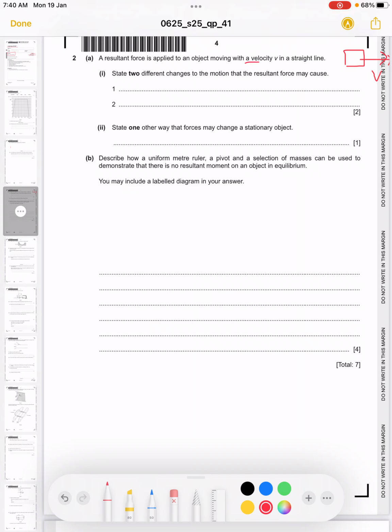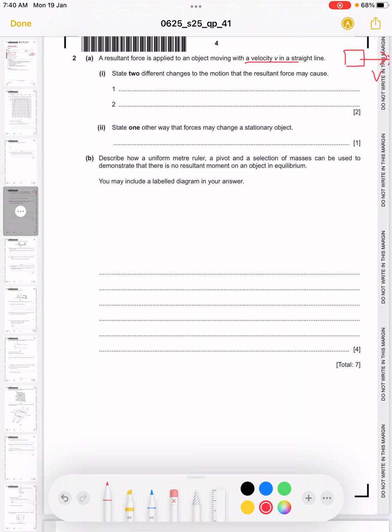In the question they mention the velocity. So when you give the answer for different changes in the motion, you have to tell them in terms of velocity. If we have a force applying on an object, what changes will occur in the velocity or the speed? If we have a force, the magnitude of the velocity may decrease or increase.